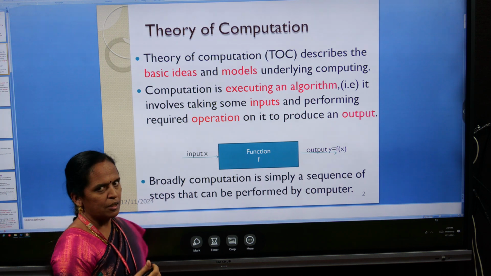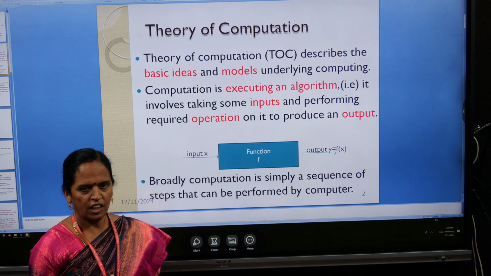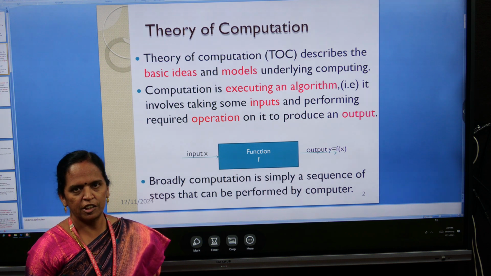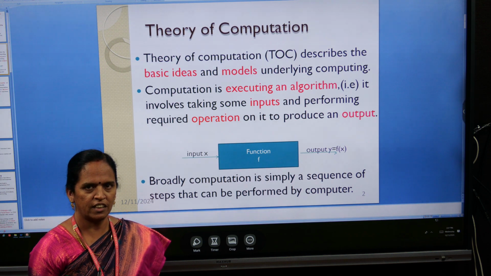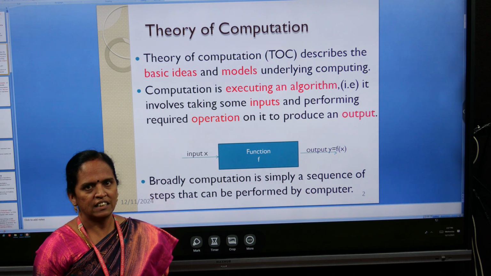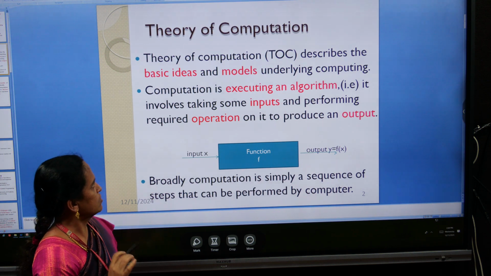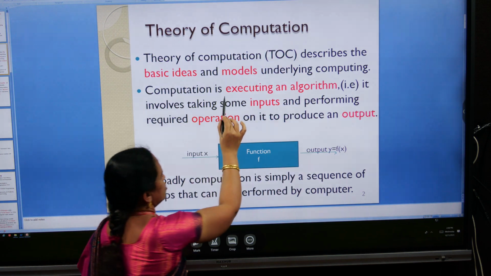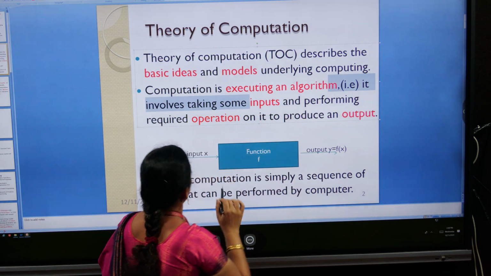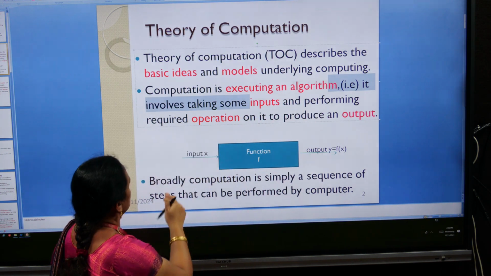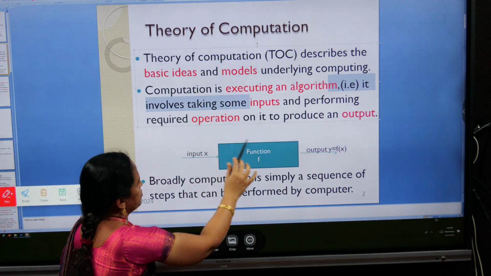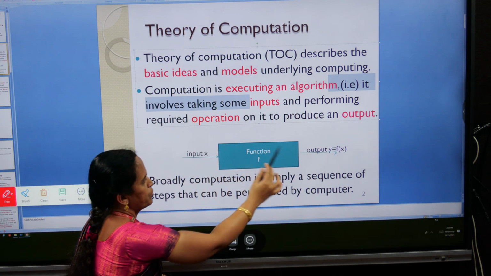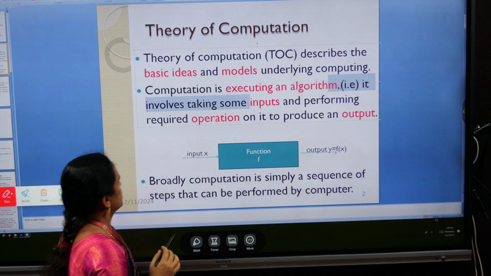Computation has three steps. First we have to get the input, we have to do the process on that input, and we have to get the results. So the computation involves three processes. It is also called executing an algorithm. It takes some input, performs some operations on that input and provides the output as a result.